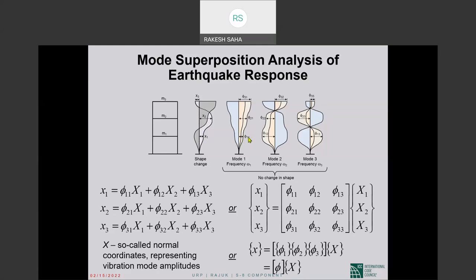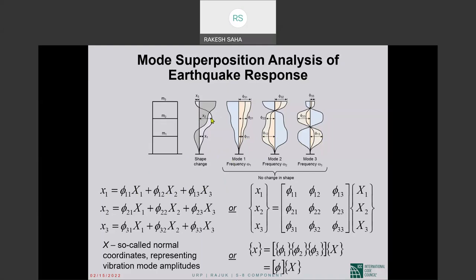Okay, that's phi11. That is the modal ordinate, the mode shape ordinate. So x1, this displacement, is phi11 times a multiplier plus phi12 times a multiplier plus phi13 times a multiplier.